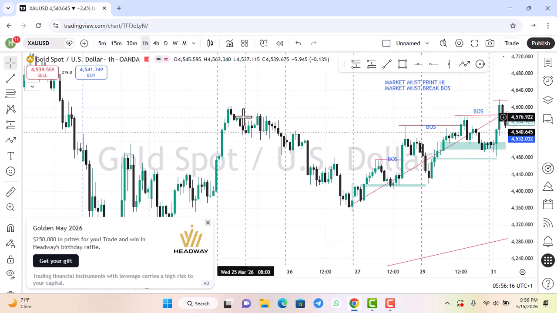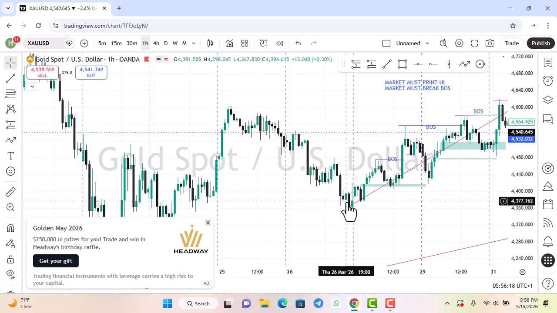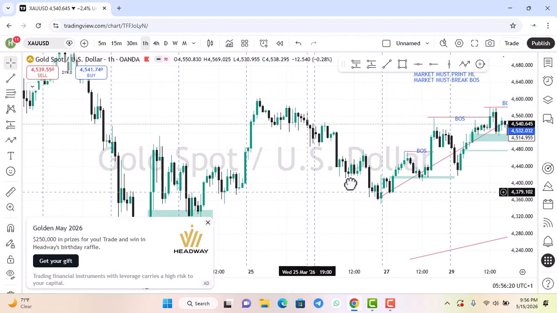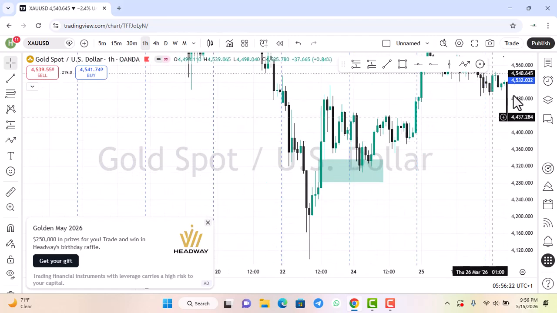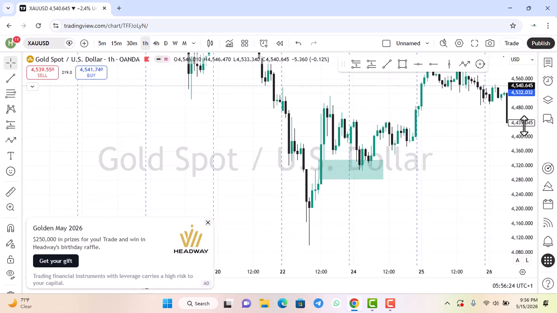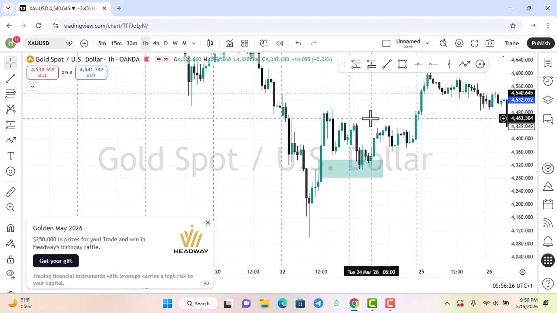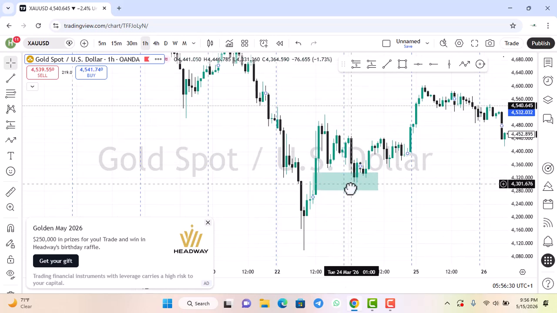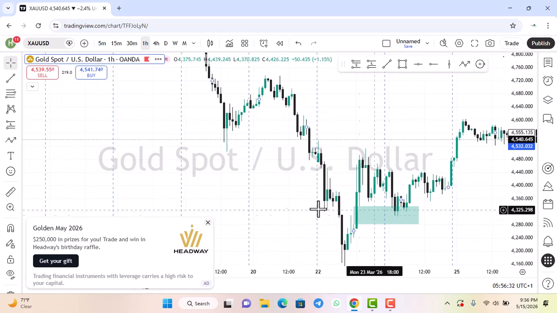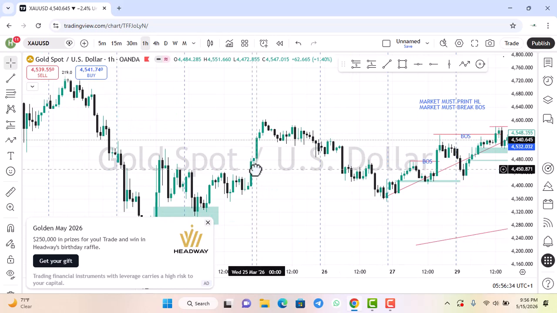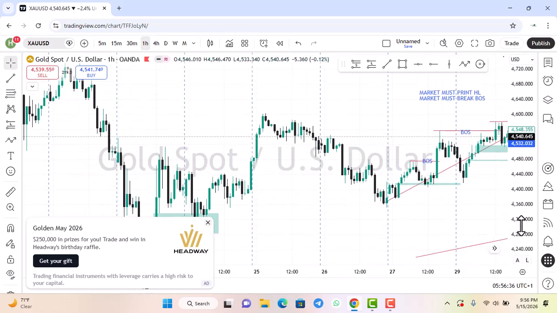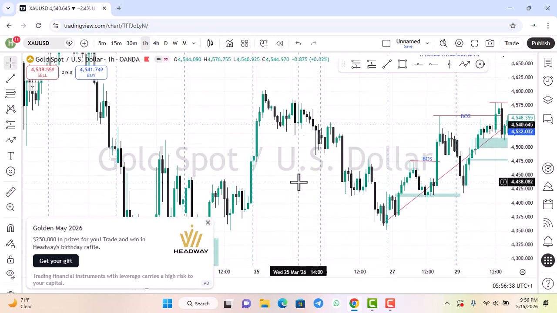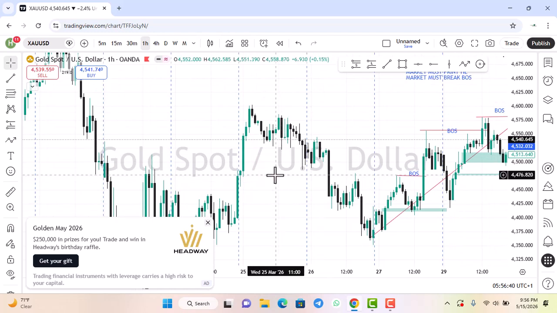Market sells down here. Or let me look for the longer one that can give you a very particular example. Or maybe because I don't want the video to be long, we can just use that one because the structure is very clean. You can see our higher high, higher low very clean.